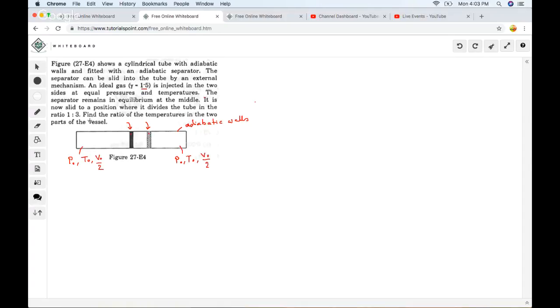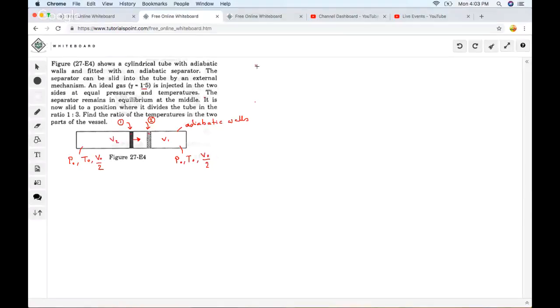It is now slid to a position where it divides the tube in the ratio 1:3. So probably this is the initial position, position number 1, and this is the final position when the separator is moved to that side. Let us say the volume here is V1 and the volume there is V2.